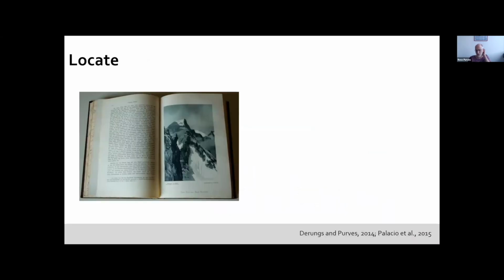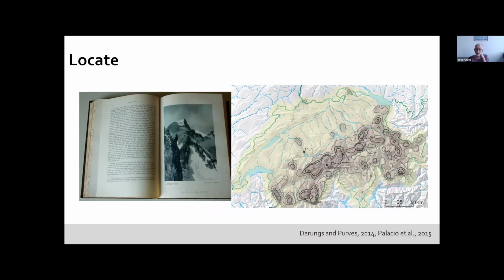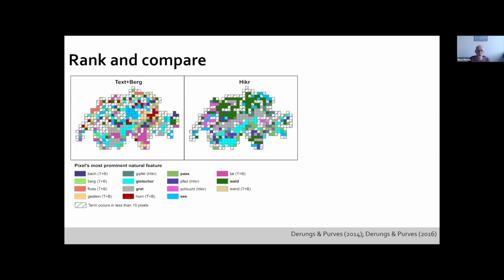To locate them, we have to do this toponym recognition and resolution that I talked about before, and then we end up with a map, a representation of where people are talking about these mountains. That's also somewhat obvious, that they're going to be talking about this in the Alps. But what's more interesting is being able to rank and compare these things.